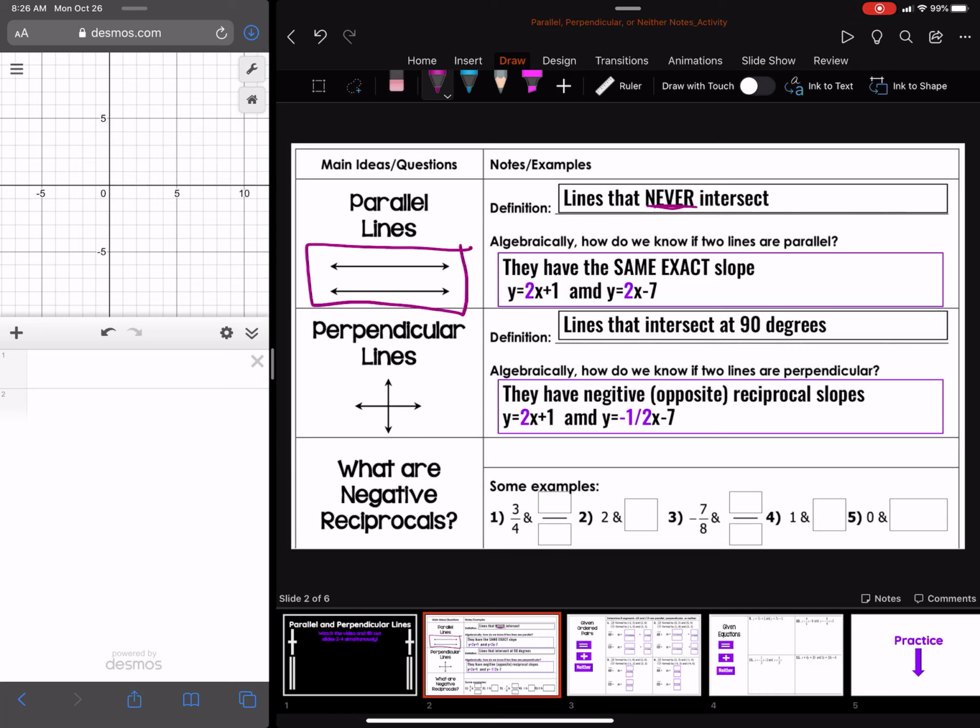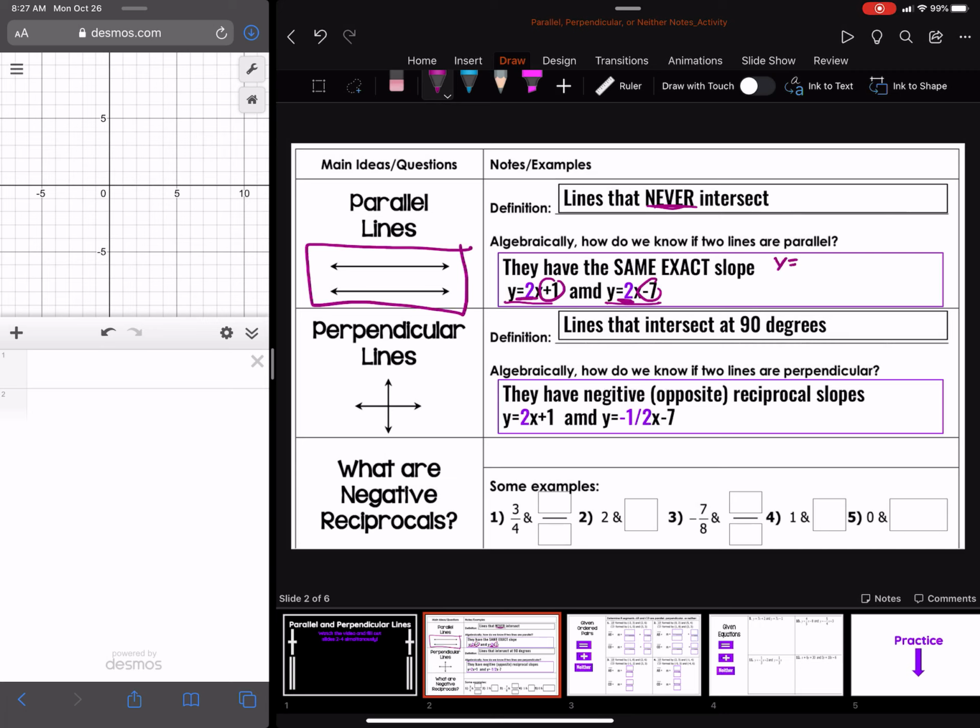We can look at equations and instantly tell without even using Desmos whether they're going to be parallel or not, because they have the same exact slope. If I give you two equations and they both have the same exact slope, again, I'm not worried about the y-intercept, that's not what I'm talking about.